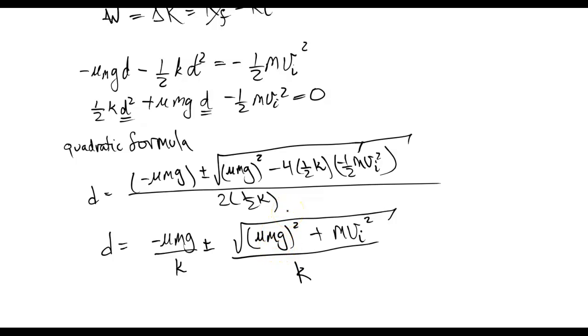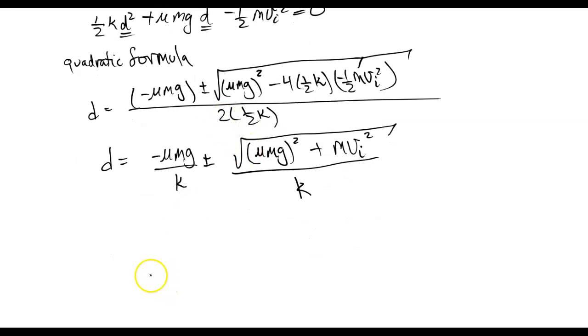And so we can plug in these values and get the following: minus mu 0.47.